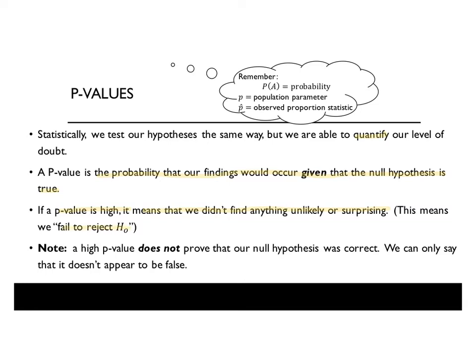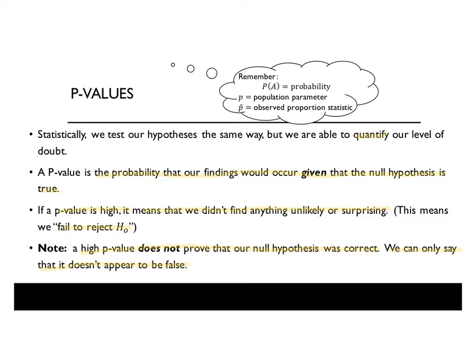Note, a high p-value does not prove that our null hypothesis was correct. We can only say that it doesn't appear false, right? In a trial, the jury never comes back and says they're innocent. They always say not guilty.